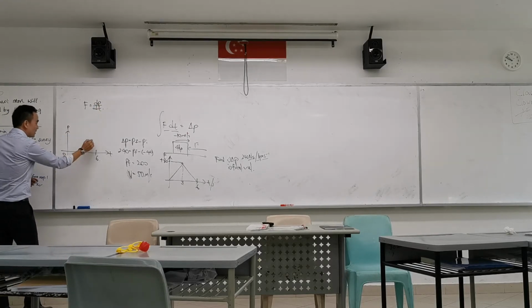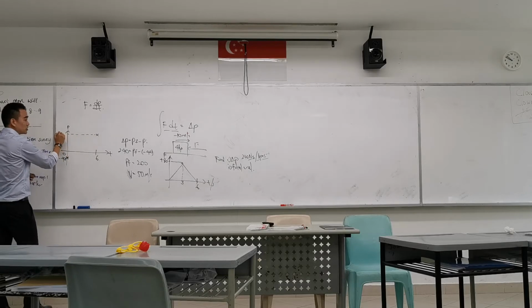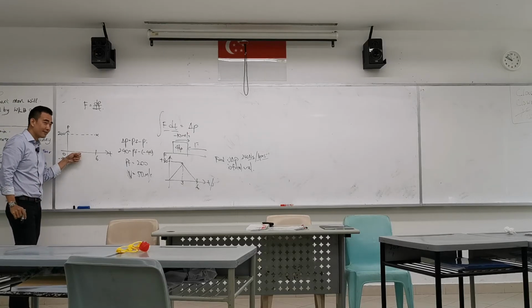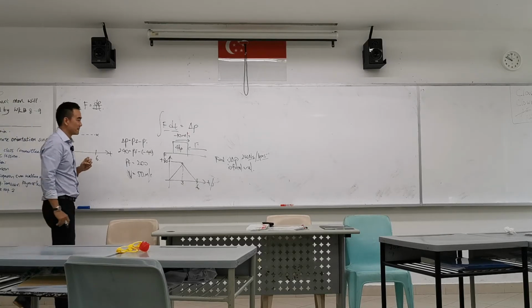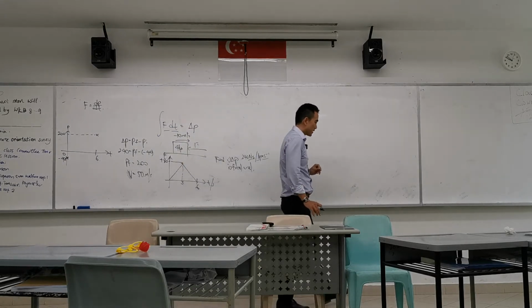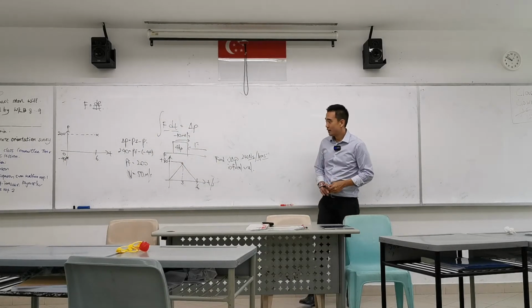Somehow it must start off from here and end over here, which is 200. Where does it cut? Does it cut at 3? Are you able to determine where it cuts at 0?